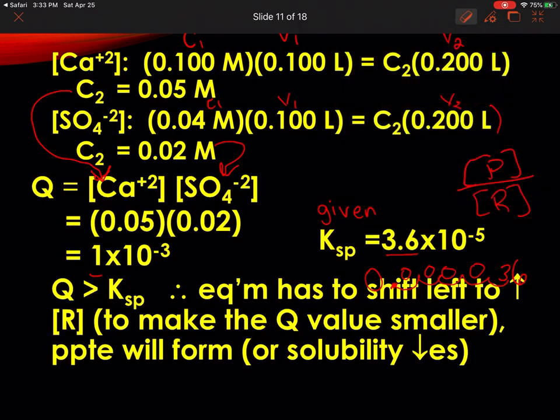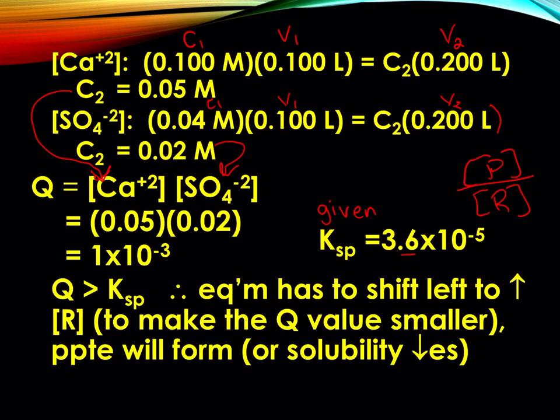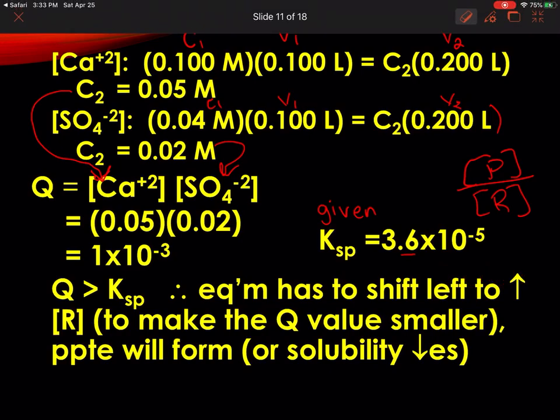Equilibrium has to shift to the left to increase the reactant concentration, and to make the Q value smaller, which means a precipitate is going to form. Or you can say that solubility decreases. That is the same thing. Okay.